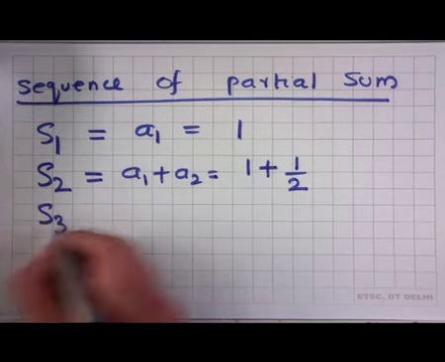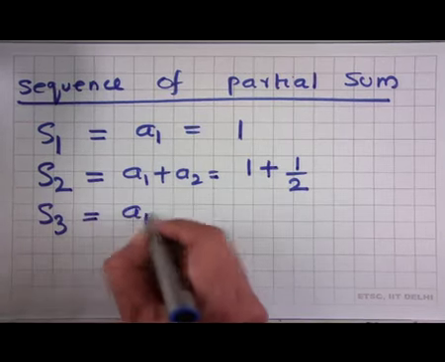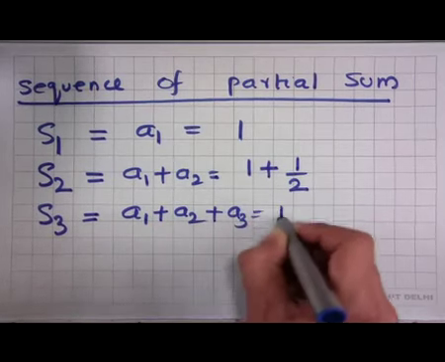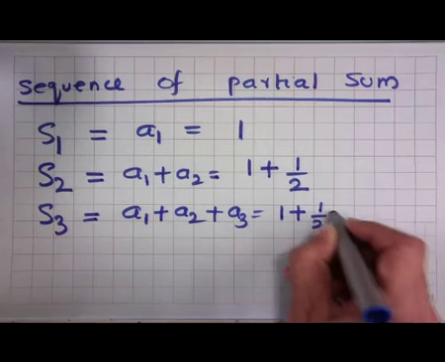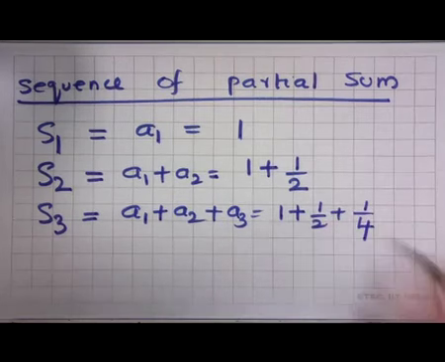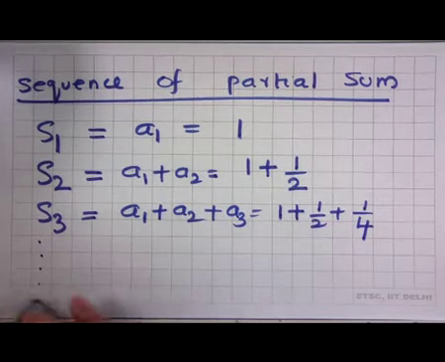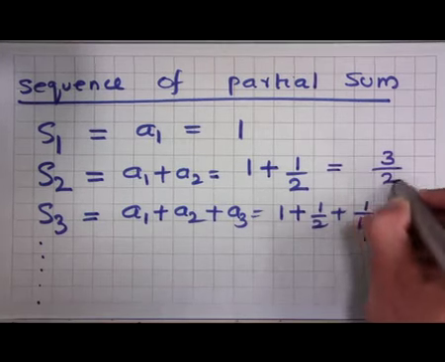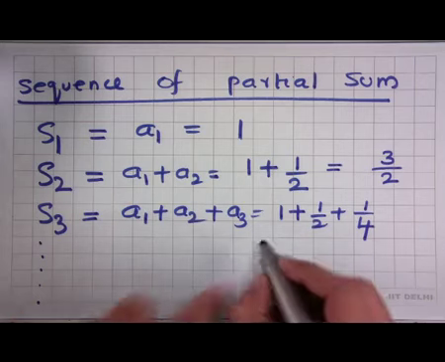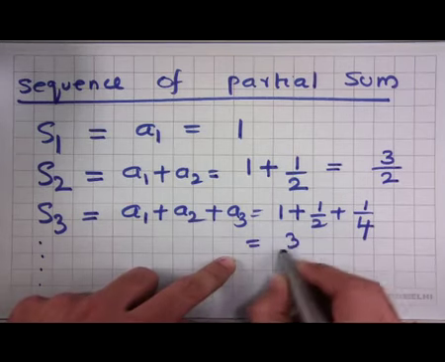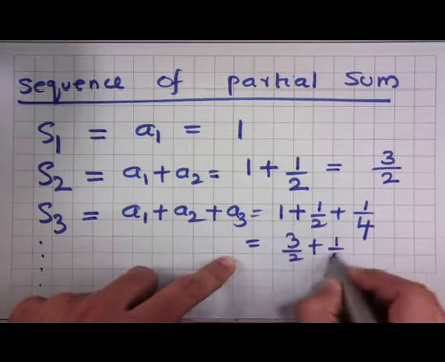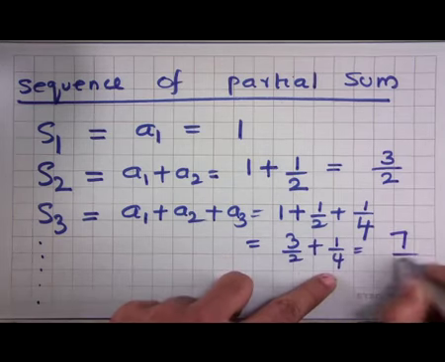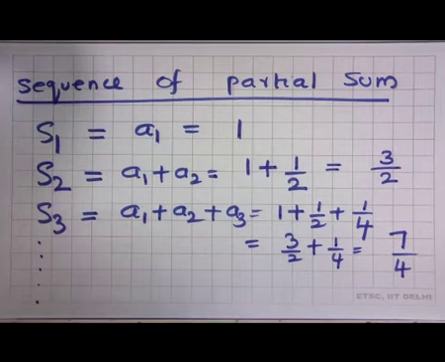Third partial sum, S3, is A1 plus A2 plus A3, which is 1 plus 1 by 2 plus 1 by 4, and so on. S2 is 3 by 2, S3 is 3 by 2 plus 1 by 4, which is 7 by 4, and so on.